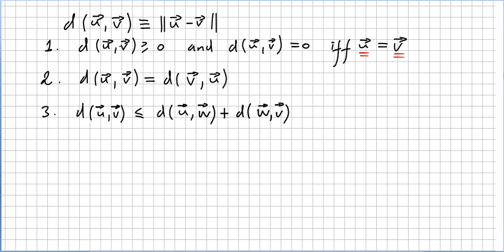And third, the concept of distance will also follow the Minkowski inequality or triangle inequality. The distance between u and v is less or equal to the distance of uw plus the distance of wv, for all vectors u, v, and w in the vector space.